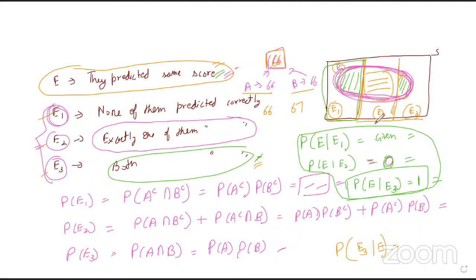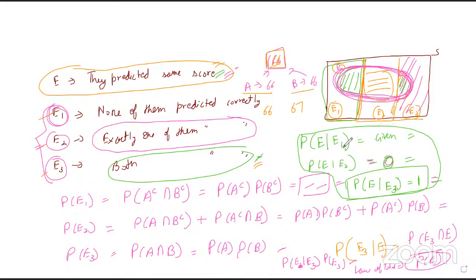Now you find the probability of E3 given E. For probability of E, you can use the law of total probability. For E3 intersection E, you can use E given E3, this information is given to you, times probability of E3, right? Is this clear?